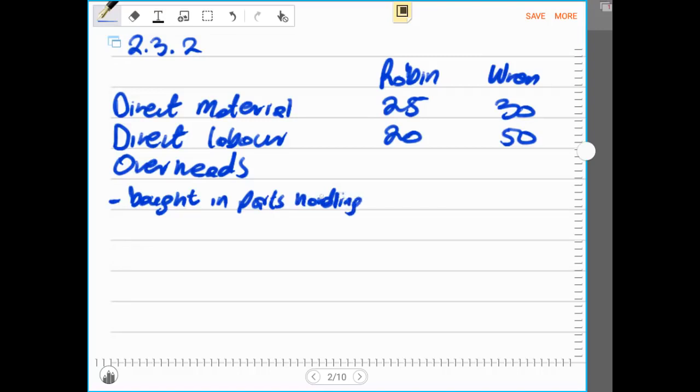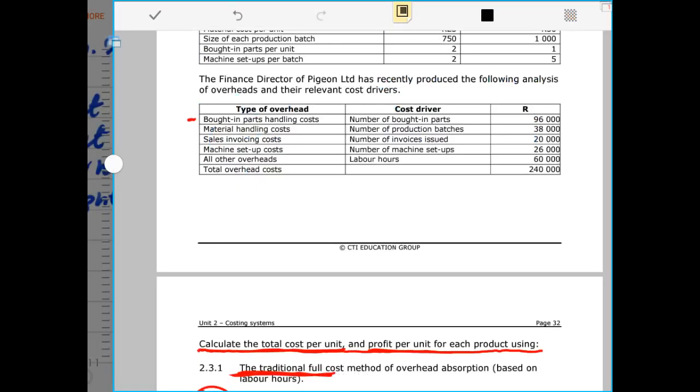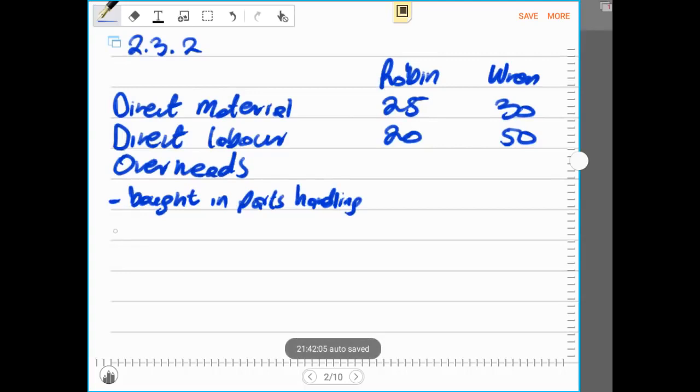That means the cost that we incur to handle the parts that are bought into the business. The second overhead is material handling cost, the cost that we incur to handle the material.